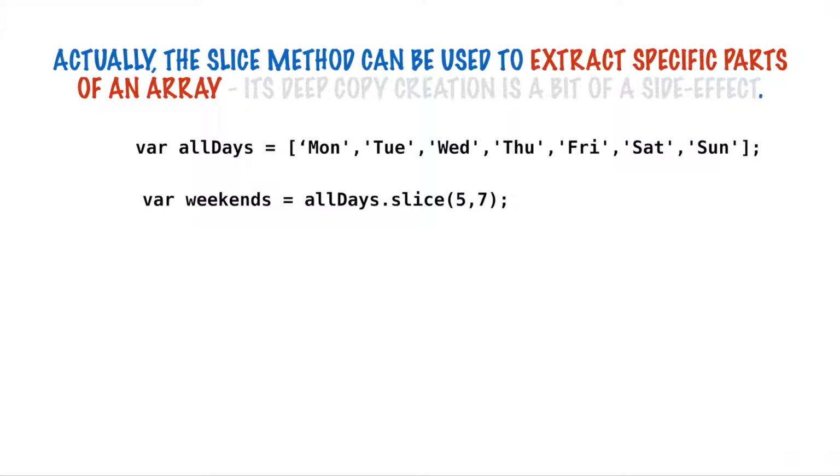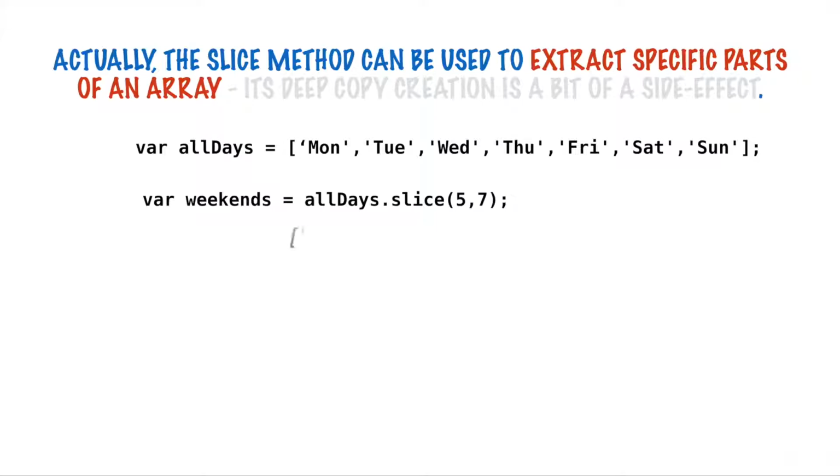So let's say we want to extract the weekends. The way we do that is we'll say allDays.slice and pass in two arguments to this method, 5, 7. These two arguments have a special meaning. They represent the indices of this array that we want to slice and extract.